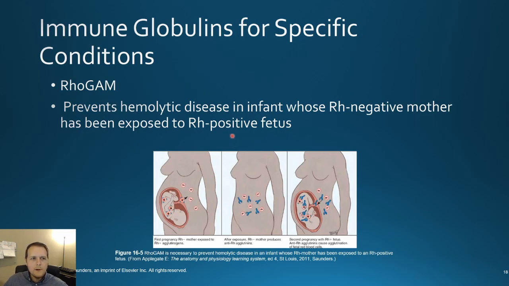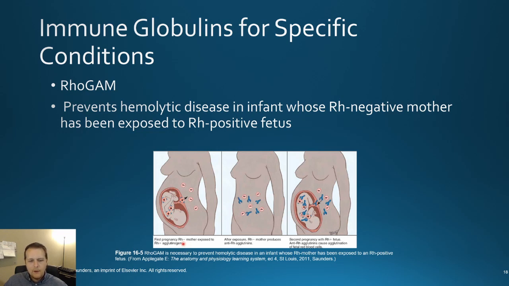And so here's an example of a specific immune globulin we would give to patients. Here's one called Rogam. This is a common one that patients would receive during pregnancy, so it's very frequently given to female patients. I'm sure you're familiar with blood types. You can be, say, O positive or O negative. That positive or negative is the Rh factor.